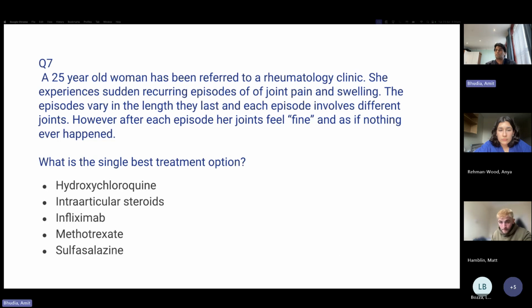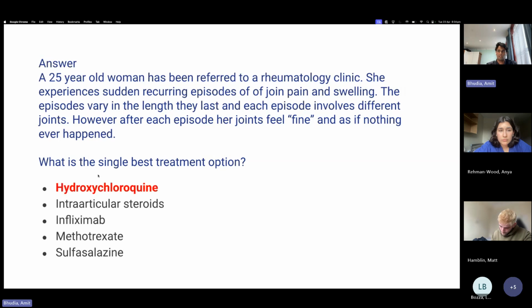So this is another patient, 25 years old, who's been referred to the rheumatology clinic. She experiences these sudden recurring episodes of joint pain and swelling. They vary in length, and after each episode, her joints feel fine as if nothing ever happened. So the answer to this is hydroxychloroquine.